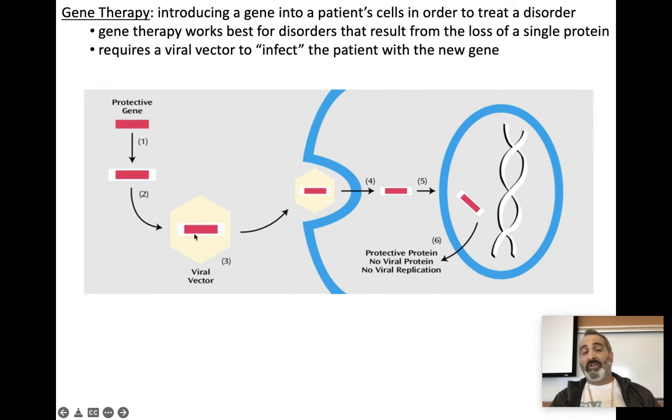That protective gene is being sent in via a virus that now enters. So the virus is like the spaceship that gets it into the cell, and then as it infects it now with a protective gene, the actual cell has been changed. So we have now infected the cell with healthy DNA, protective DNA, so that the cell now has been modified.